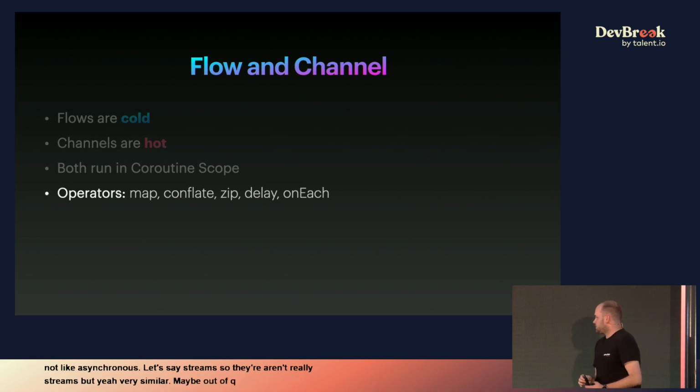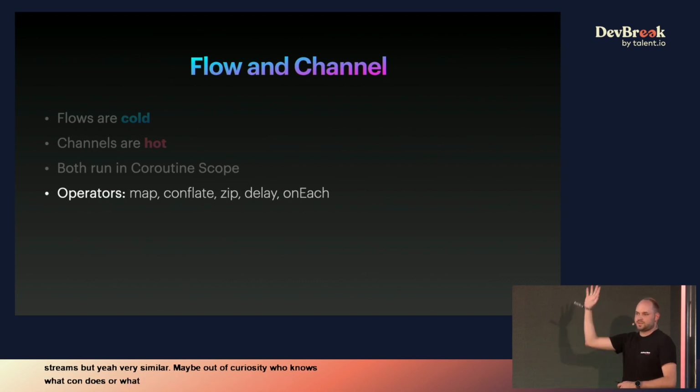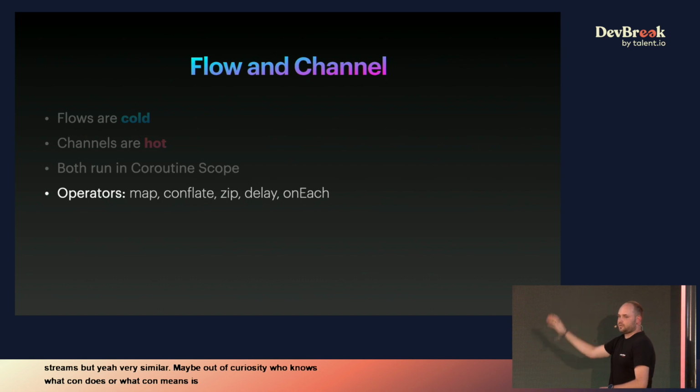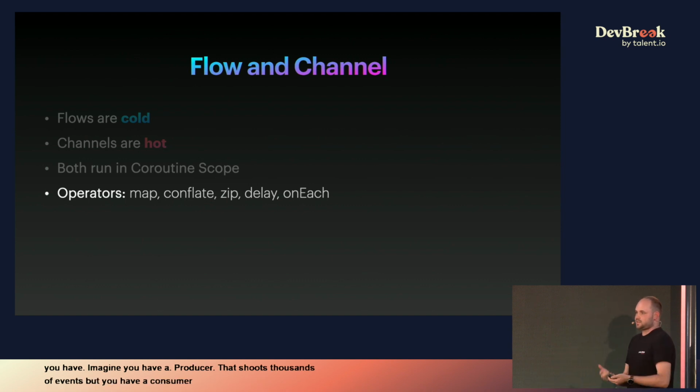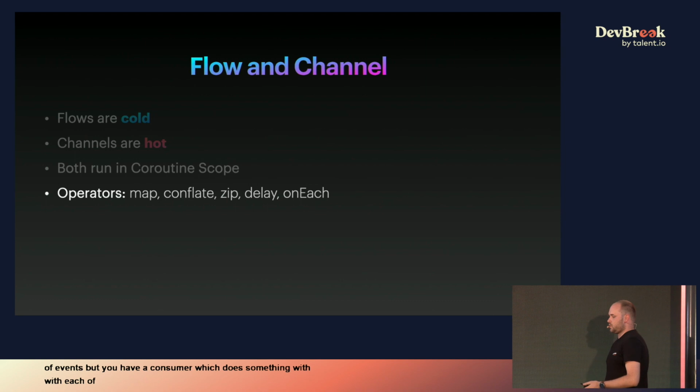Maybe out of curiosity, who knows what conflate means? Okay, not many. So imagine you have a producer that shoots thousands of events, but you have a consumer which does something super complex and super slow with each event.